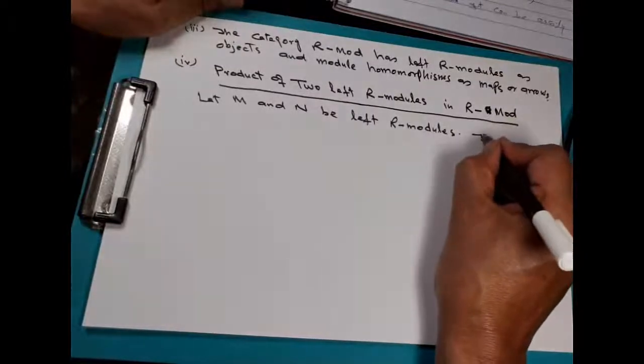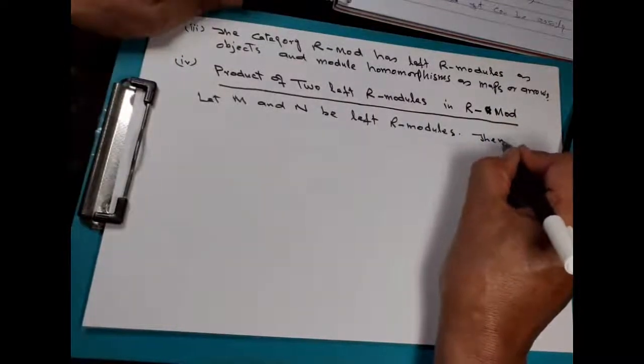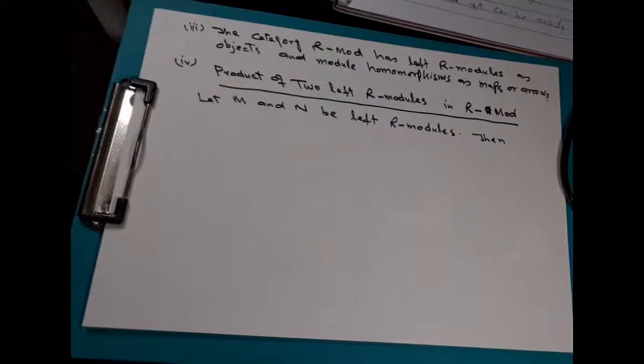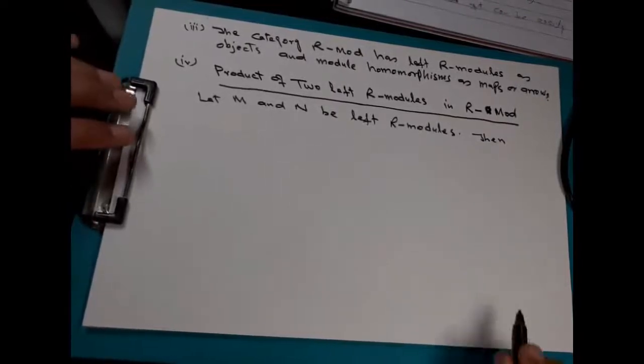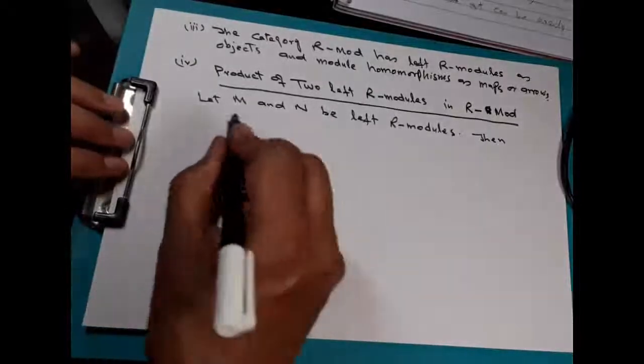Then what I'm going to discuss, you know it very well. This is the module structure of M cross N, and it is defined pointwise. You will see it is very simple.